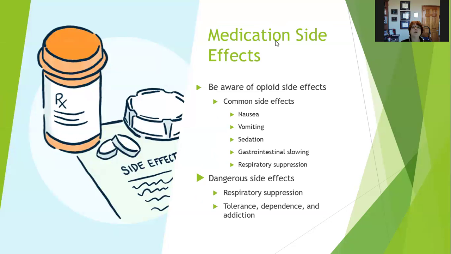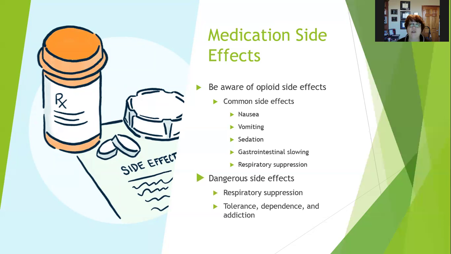The problem with pharmacological approaches is side effects of medications. So common side effects of opioids are nausea, vomiting, sedation, gastrointestinal slowing, which can cause constipation, and respiratory suppression.